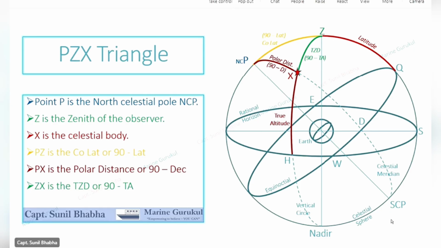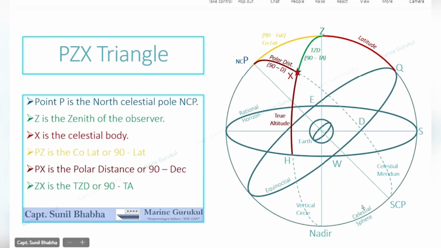Sir, one more doubt, sir. Go ahead. Sir, what is the difference between true altitude and declination? Okay, true altitude is with reference to the horizon, beta. How much above the horizon a particular body is. That is the true altitude, right? And declination is with respect to the equinoctial.